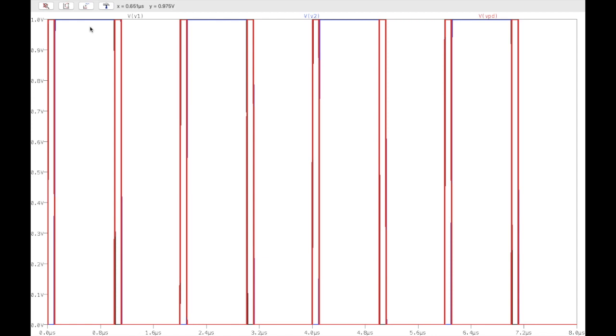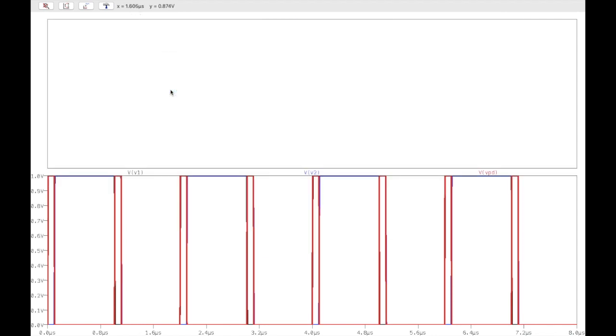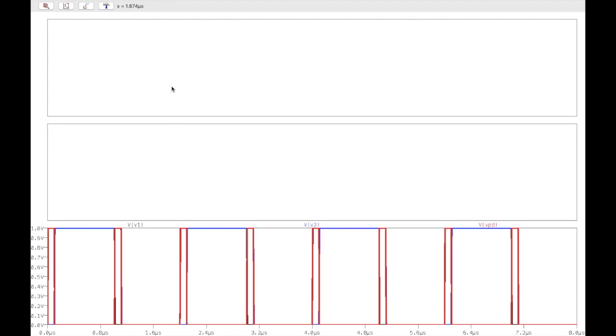Okay, so of course the graphs are overlapped, so it's very difficult to see. So what we'll do is that we'll try to split them. So add plot plane. Okay, add plot plane. So what I'm going to do is I'll put the PD here and v1 and v2 here. So I will add traces.